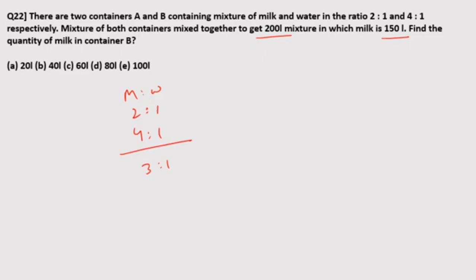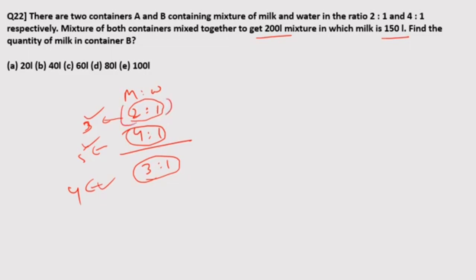Now tell me one thing guys, they are mixed in what ratio? These two are mixed to form this, but they are mixed in what ratio? I had told you a method. First make the units same, first make the units of all these three same. This is basically 3 units, this is 5 and this is 4 units. They are not same. LCM of 3, 4, 5 is 60.